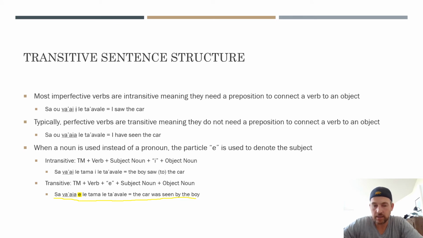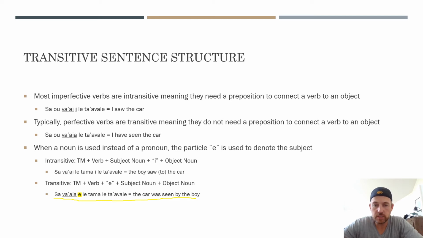It's not necessarily that the subject always comes first, although most often it does. Technically, the particle e is marking the subject noun. So, sa va'aya eletama leta'avale. You can almost think of the translation of the particle e as "by." So in English, I would say "the car was seen by the boy."